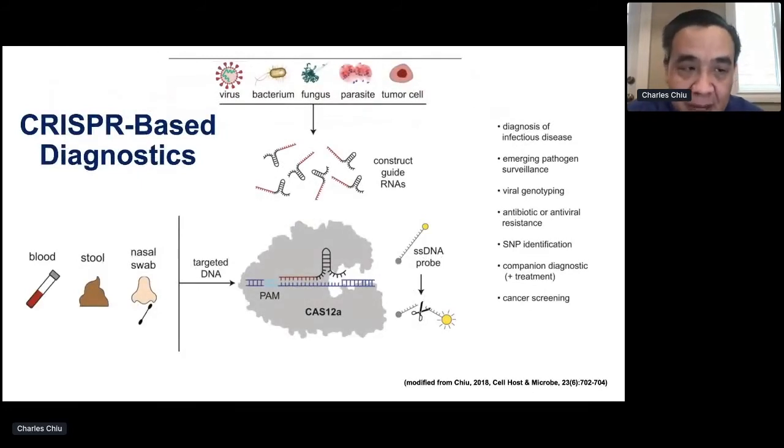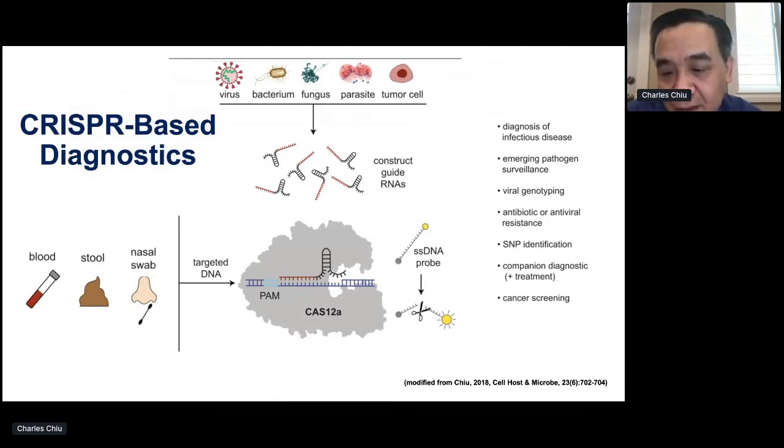The general idea behind CRISPR-based diagnostics is that the CRISPR-Cas system is incredibly specific and very sensitive. You can construct guide RNAs targeting pretty much any type of pathogen, and even targeting human tumor cells. These guide RNAs very rapidly home in on any targets that may be present in your clinical sample, whether it's a blood sample, a stool sample, or a nasal swab sample.